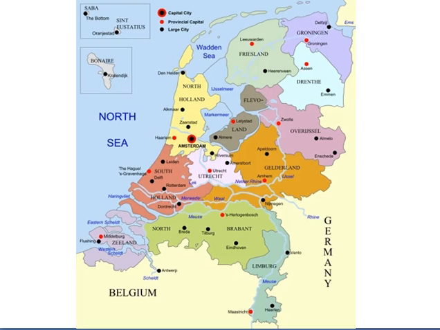This always sort of led to this tension between the House of Orange and the Republican estates, who were very suspicious that the House of Orange wanted to eventually become king of the Netherlands and end the Republic. One of the members of the House of Orange is William III. William III is the man who marries Queen Mary, the daughter of James II, who will then become the Queen of England with William and Mary in the Glorious Revolution.